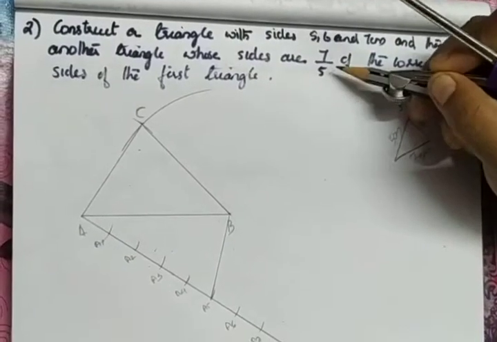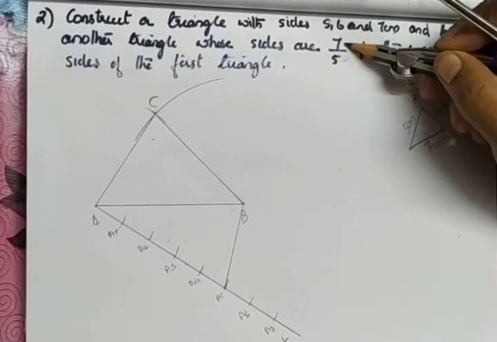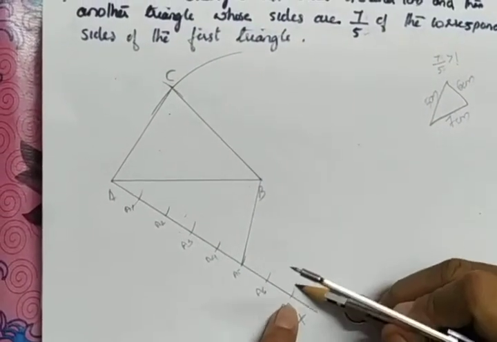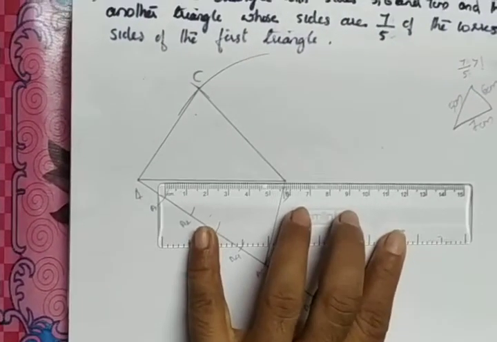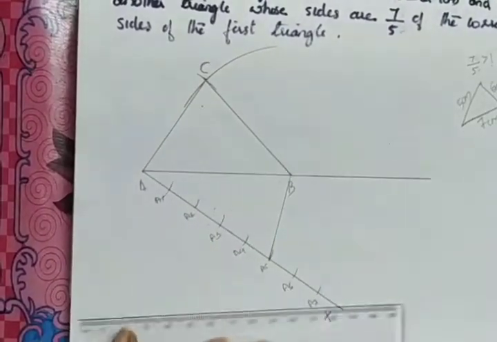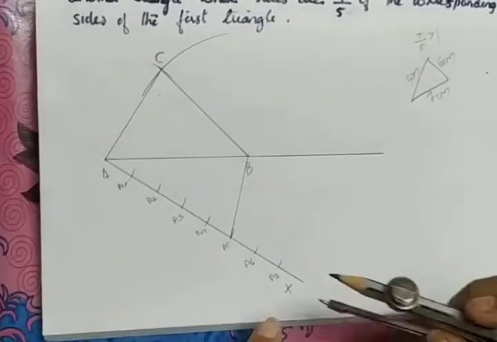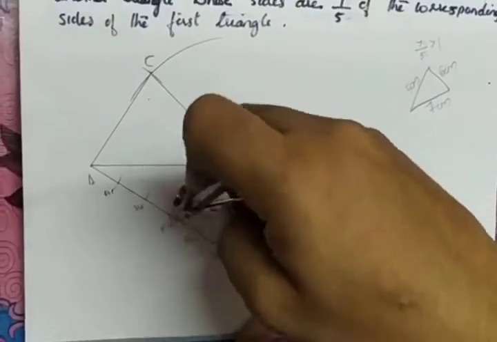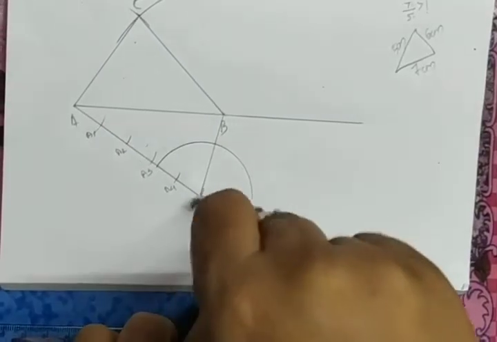Again, we have to draw the parallel line from the seventh point. The seventh point is here and we have to draw a parallel line like this, isn't it? So if the scale factor is bigger, we have to extend this side a little more, then only the parallel line meets. If I want to draw a line parallel to A5B through A7, with A5 as center, draw an arc. You can draw a semicircle itself.